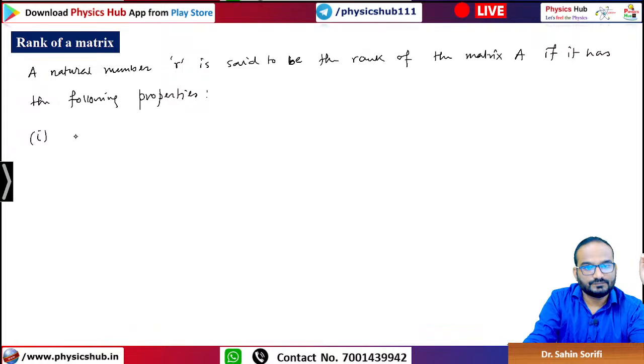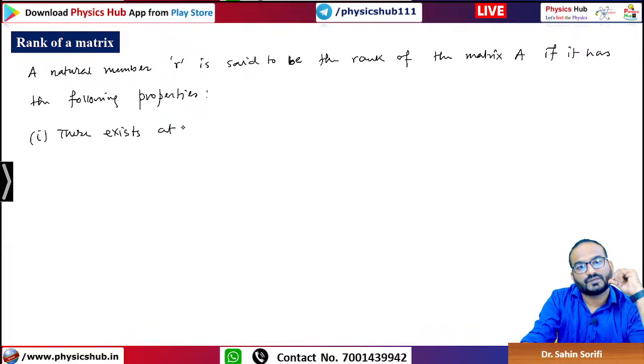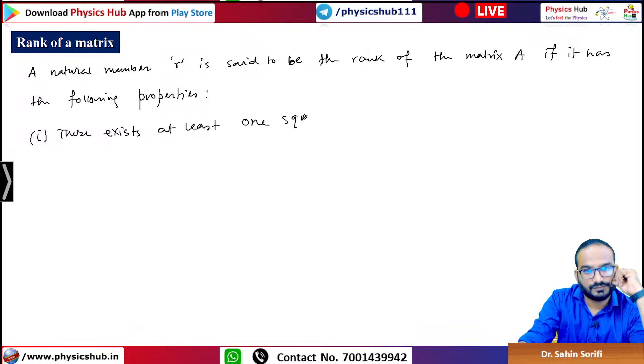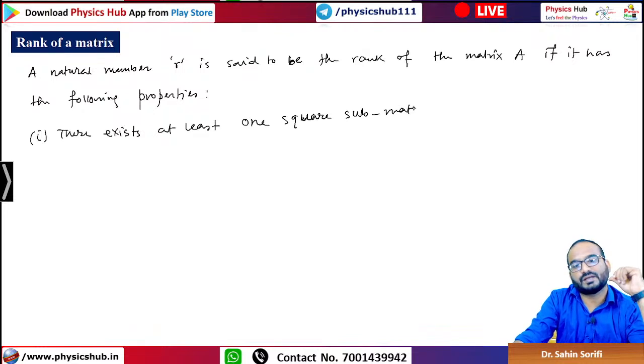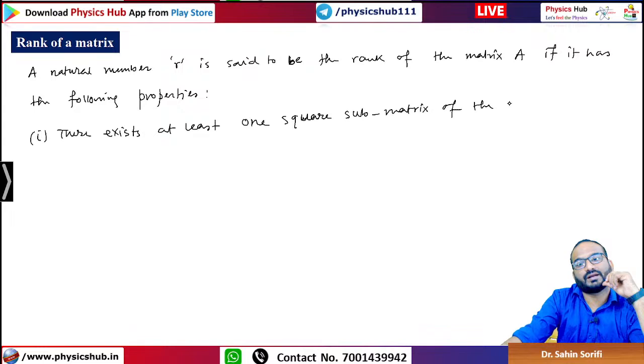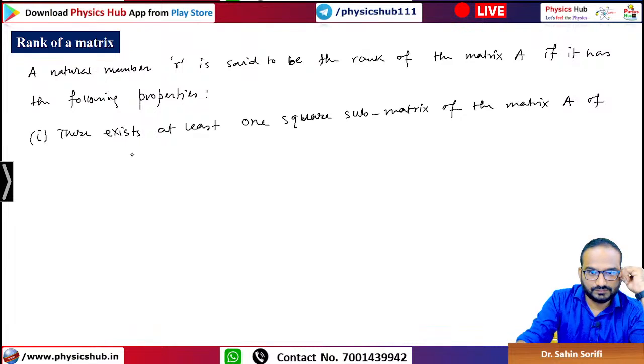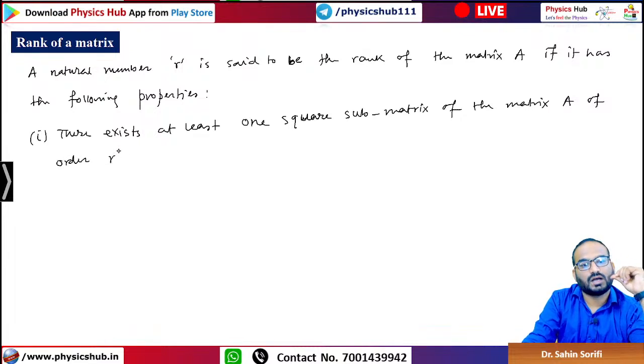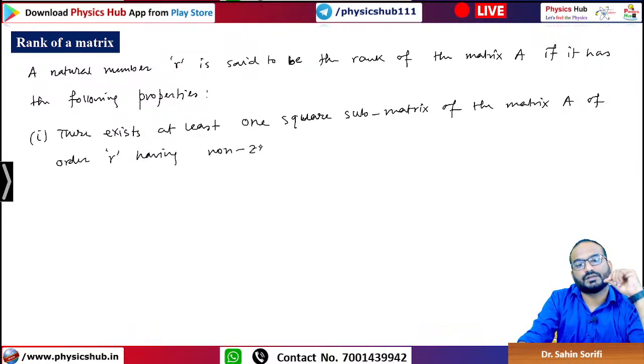Number 1, there exists at least one square submatrix of the matrix A of order R having non-zero determinant.